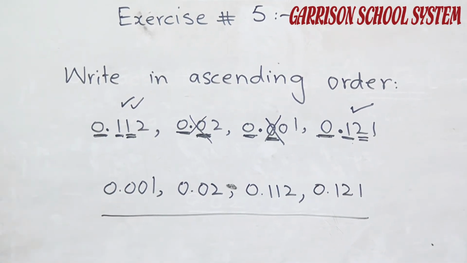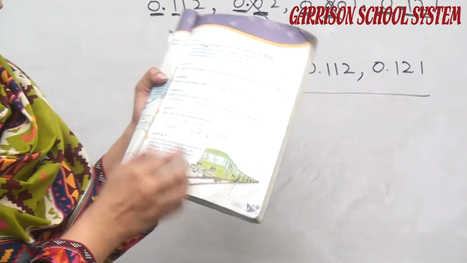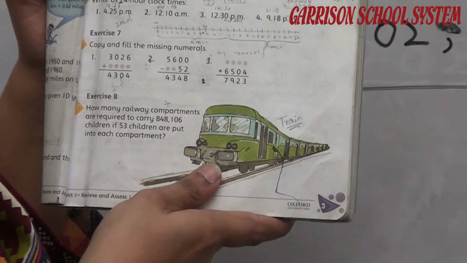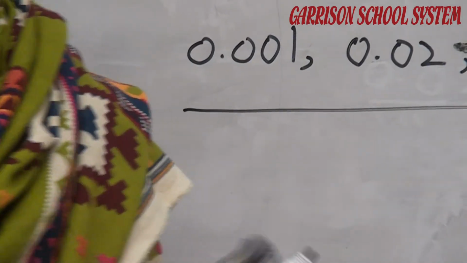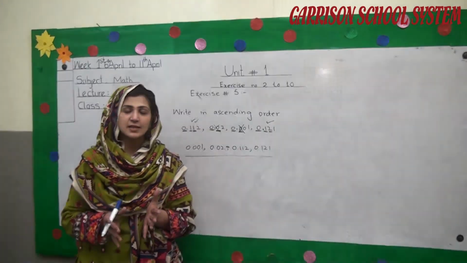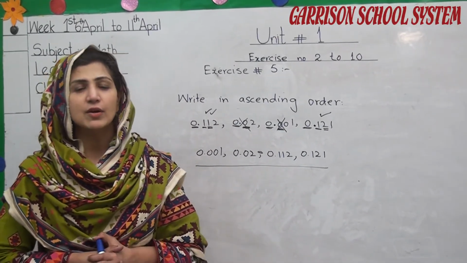So students, let's start exercise number 6. Exercise number 6 is about 24-hour clocks. What is a 24-hour clock? Students, have you seen a 24-hour clock or a 12-hour clock anywhere?